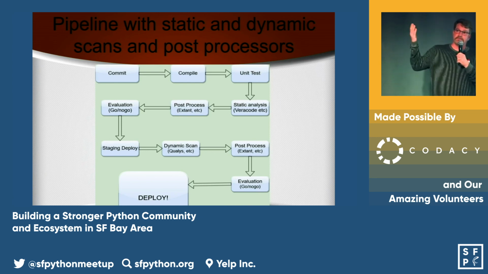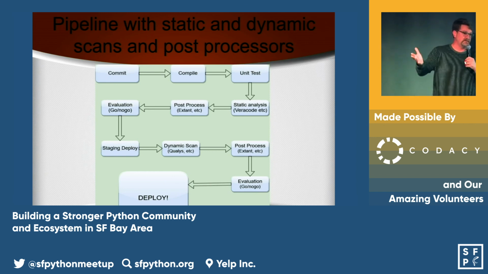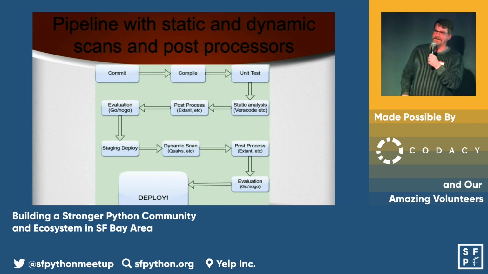So if you put post-processors right there in your pipeline, you've scanned the code, and the post-processor might add all the results to a dashboard for leadership visibility. It might push, like at this company I'm with, Extant, all the results to your team's task tracker, with explanations of what the vulnerabilities are.